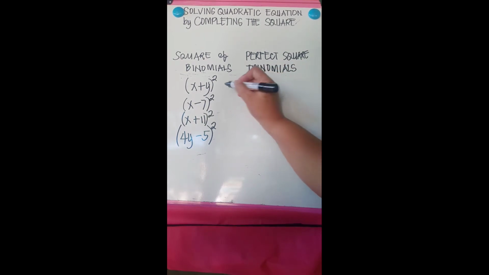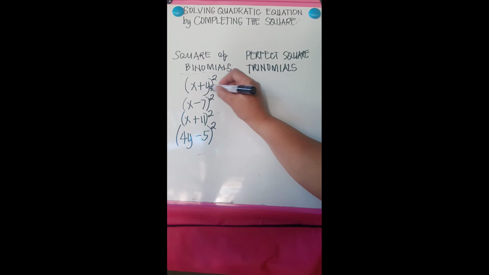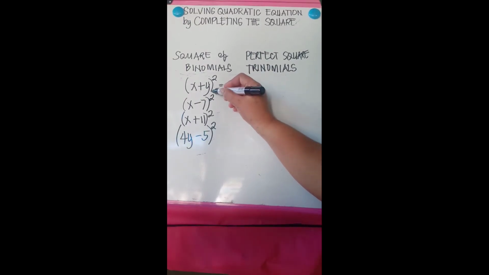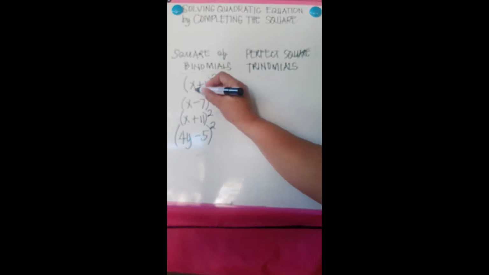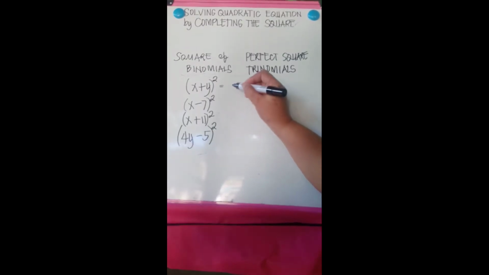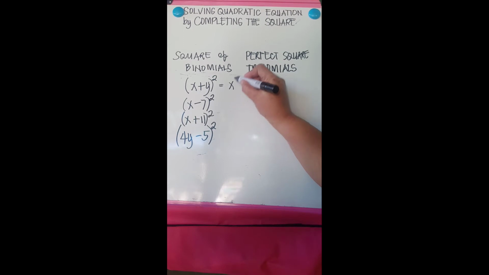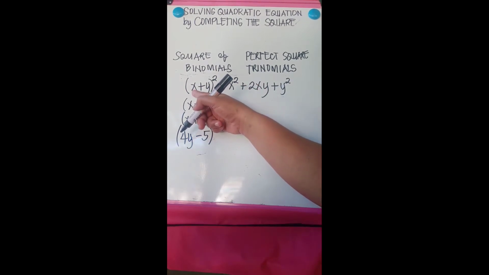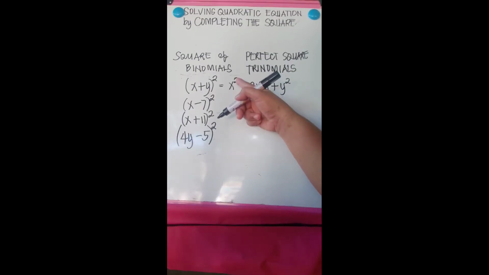So, tignan natin. So, kapag in-expand natin to, or kinuha natin yung product ng square of x plus y, then the product will be x squared plus 2xy plus y squared. So, paano nangyari ito? Paano nakuha? So, to get this, just multiply the first term of the binomial by itself. So, that is x squared.